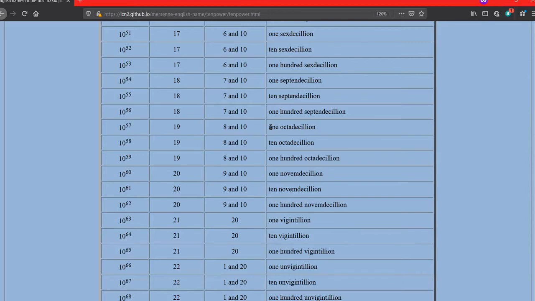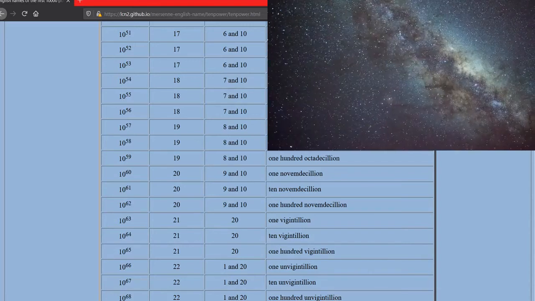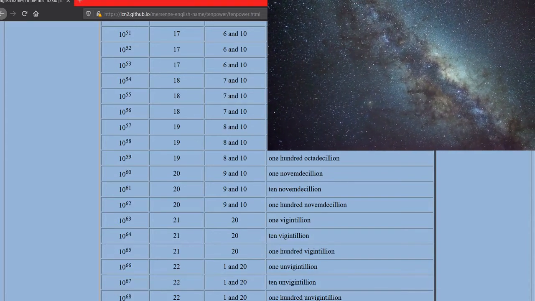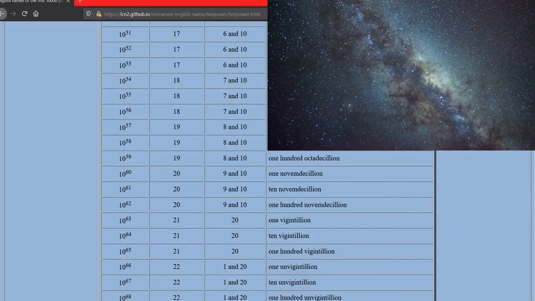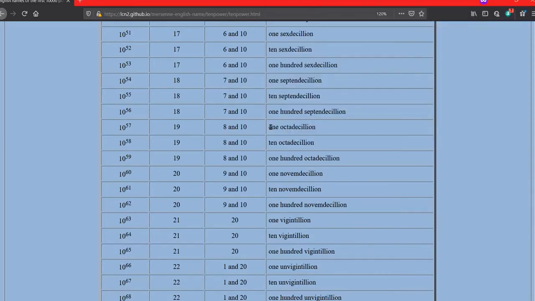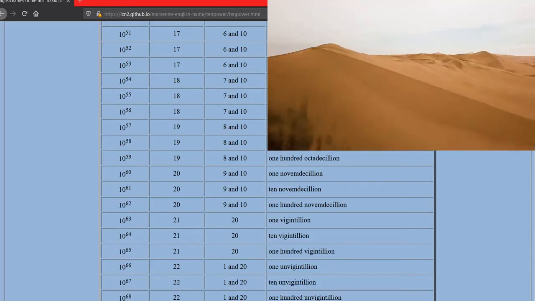Now, scientists estimate there are 10 to the power of 23 stars in the known universe. I repeat, 10 to the power of 23. In fact, there are a lot more stars like our sun in the known universe than there are grains of sand on this earth.